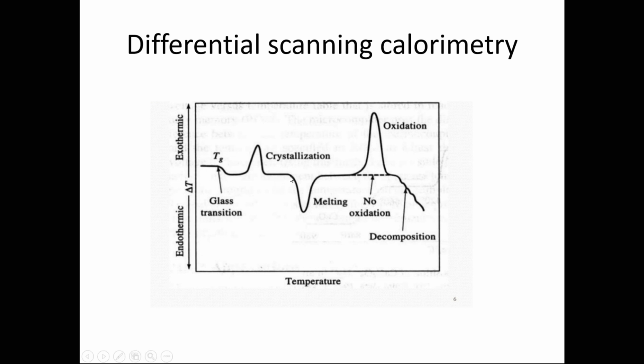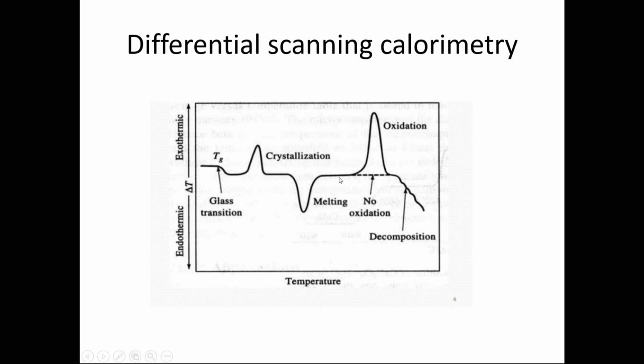The next event will be a minimum, which could correspond to melting, and melting is opposite to crystallization, so melting is an endothermic event. It is accompanied by a consumption of energy.